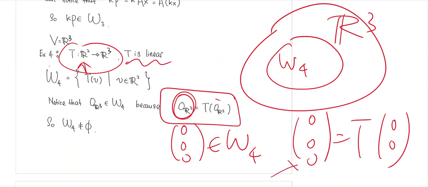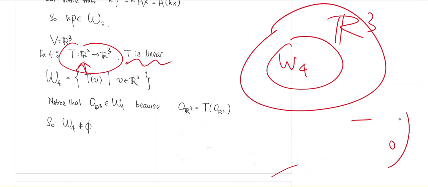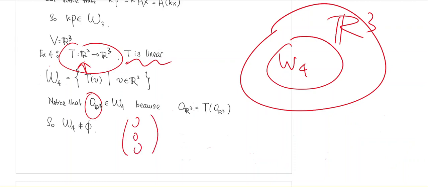We are looking at the image of the transformation T. So W4 is not empty. Unfortunately, this is the only thing we know, because T is only known to be linear. The only thing we know is that the 0 in R3 is in W4. Therefore, W4 is not empty.